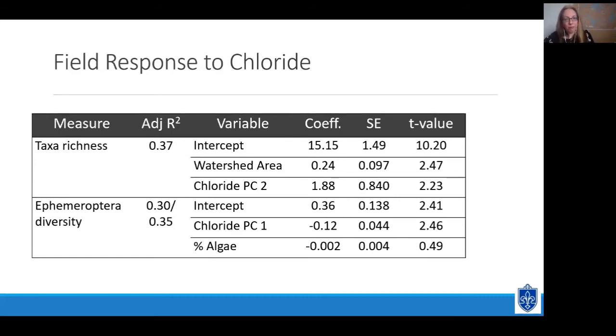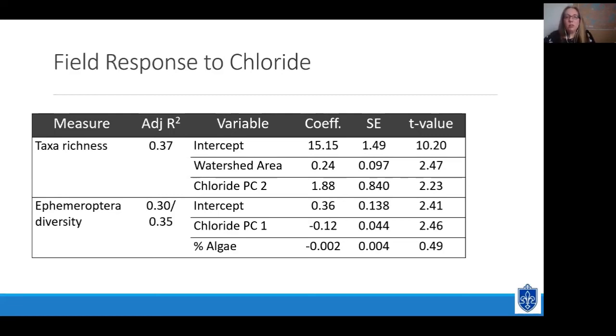toxic exposures. So moving on to the diversity of the mayflies, we see a negative relationship with the first principal component axis and with the percent algae cover. PC1, as I mentioned before, is primarily a composite expression of chloride concentration with all 6 chloride metrics positively related with the axis.